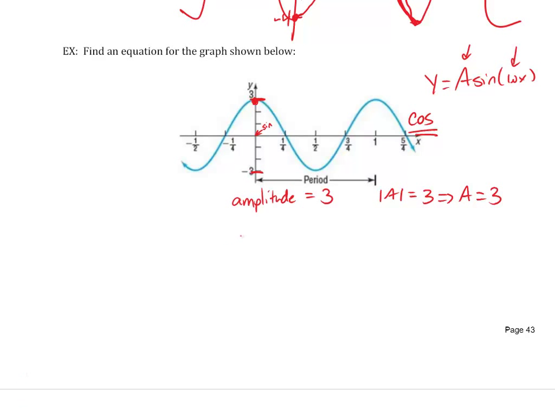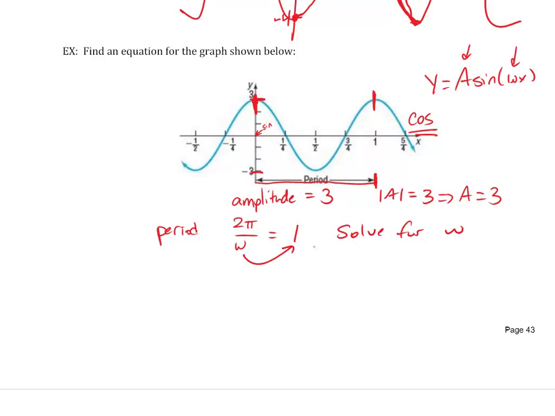All right. Now what about the period? We know 2 pi over omega has to equal the length of this wave. That is, from the same point on the wave to the next point at the same height. That distance is going to give me the period. In this case, that has to equal 1. So you've got a little equation here. You just solve for omega.